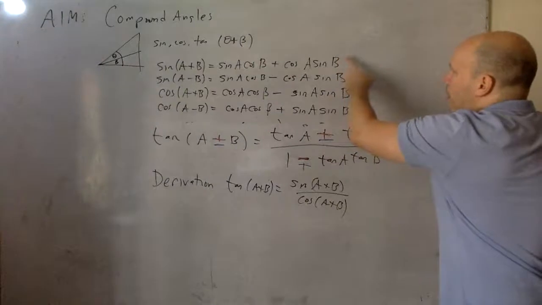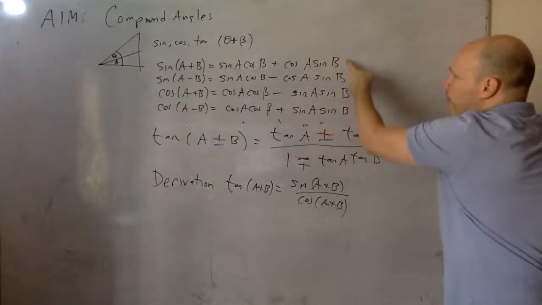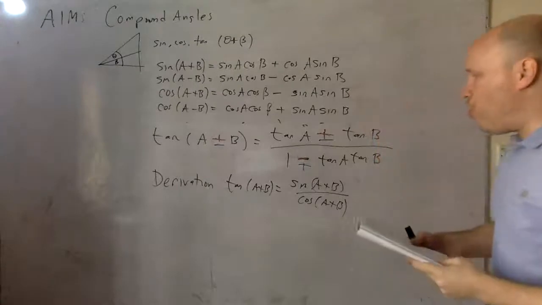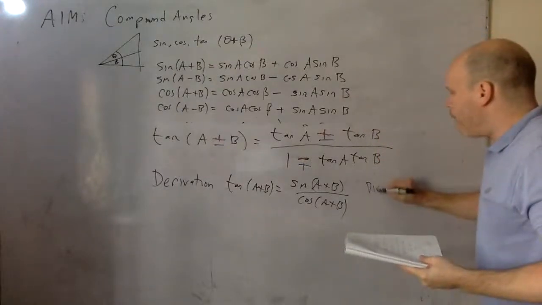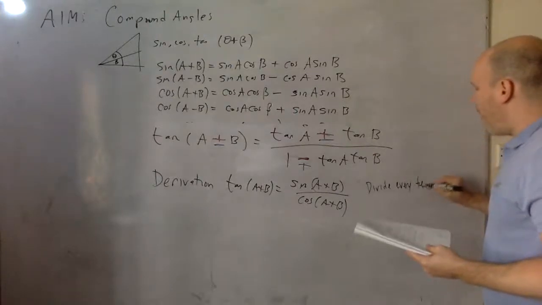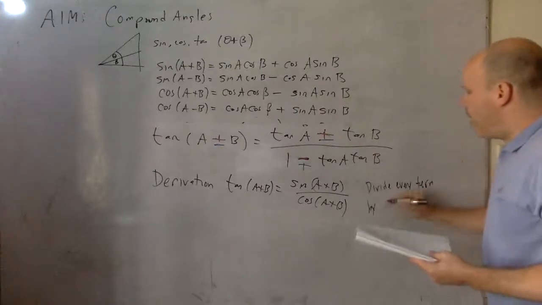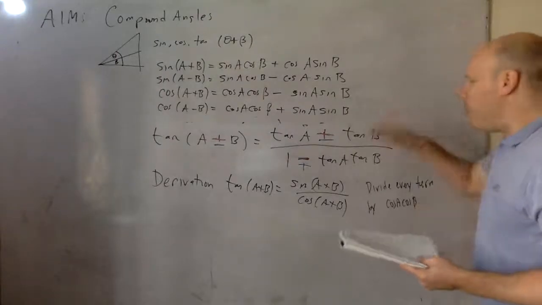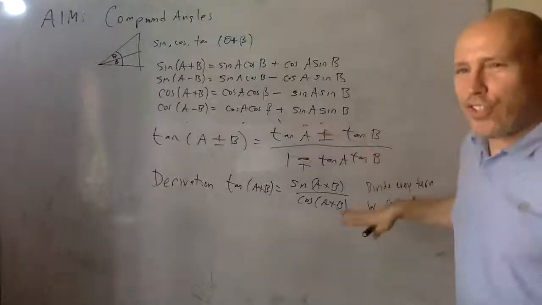We can take this formula and put it over this formula. And what you would do is divide every term by cosine A, cosine B, and you'd simplify, and it would be all these tangents.